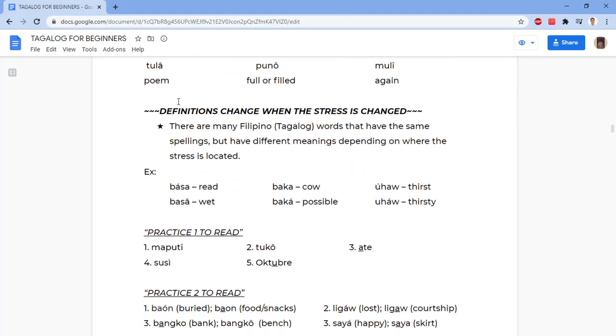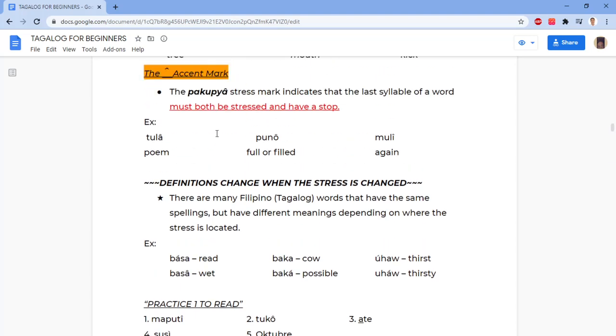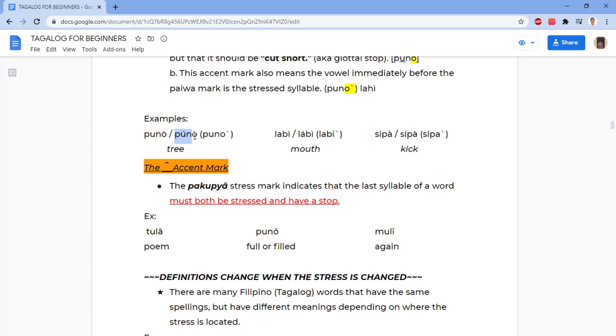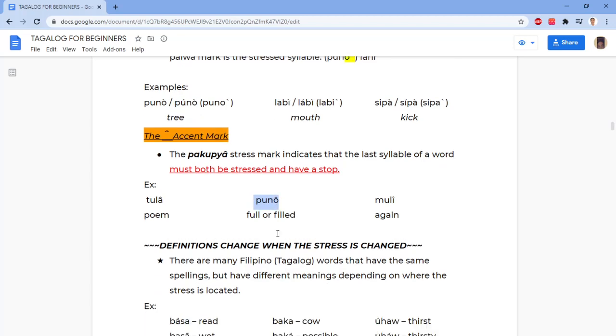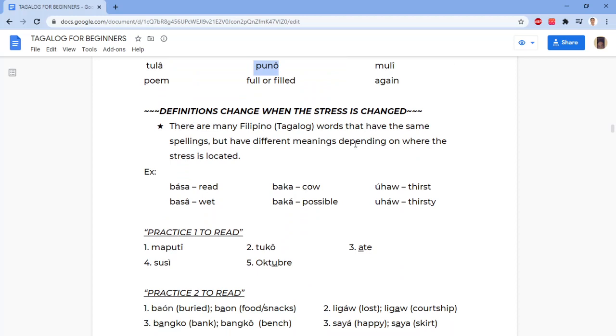Sometimes definitions change when the stress is changed. For example, puno and puno have the same spelling but different meanings depending on where the stress is located. For example, read and red. I read the book like that. Red and wet.